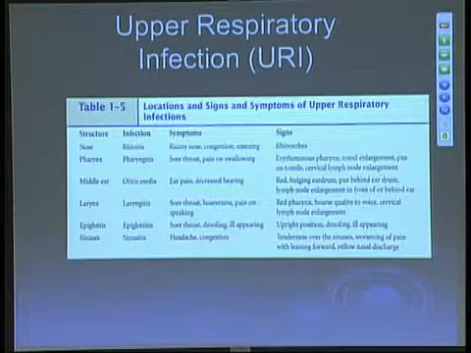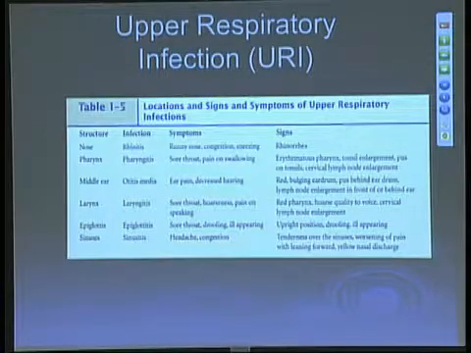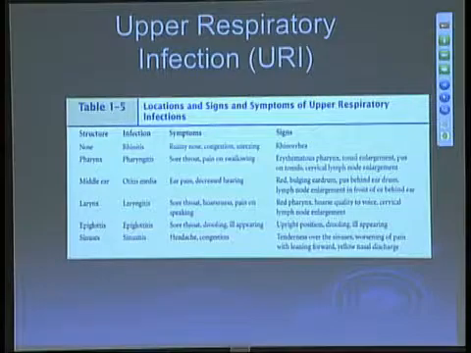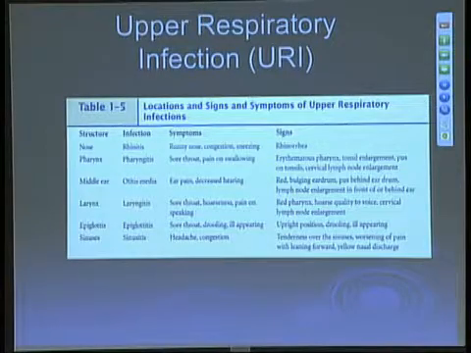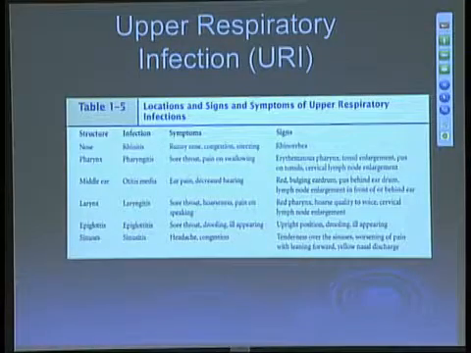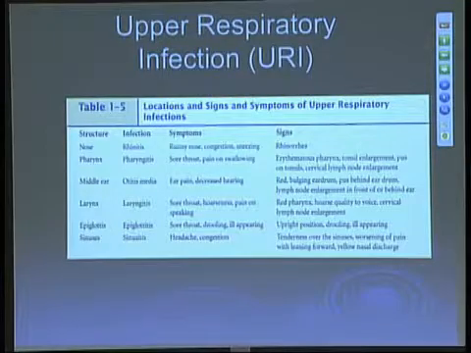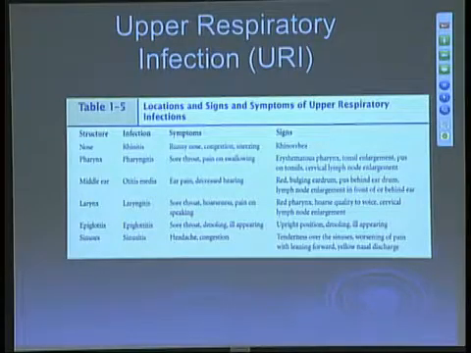They developed an immunization against Haemophilus influenza, which was the most common cause of otitis media in children, and also the most common cause of meningitis in children, because the infection would spread from the middle ear to the meninges and cause meningitis.